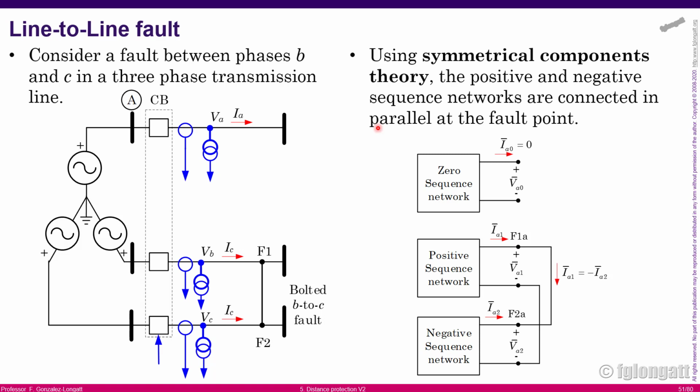If we are working with a line-to-line fault, all my students must remember that the zero sequence is not included because there is no contact with the neutral or ground point during the fault. And the positive and negative sequences must be connected in parallel as I am showing over here, okay?